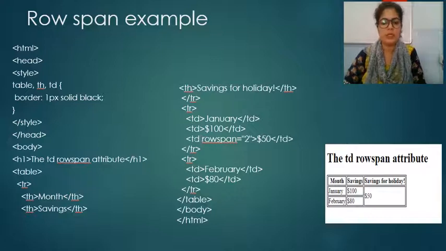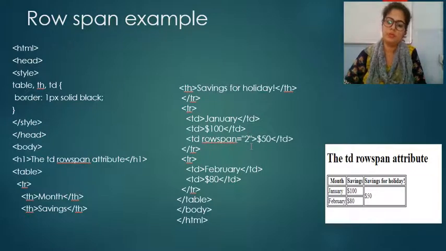So that's why TD rowspan equals 2. 2 is the value, which means we want to combine 2 rows. For rowspan 2, you always have to give the value in double quotes. Then the value is 50, TD close. As you close the TD, the 50 value you have entered will display here. And then TR close. It means here you have entered the second row.